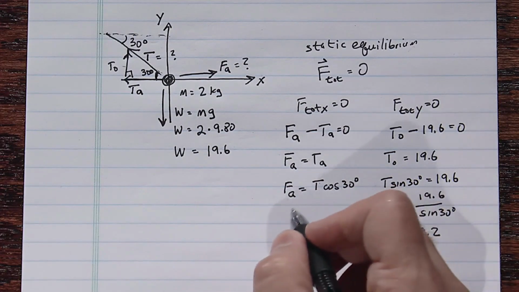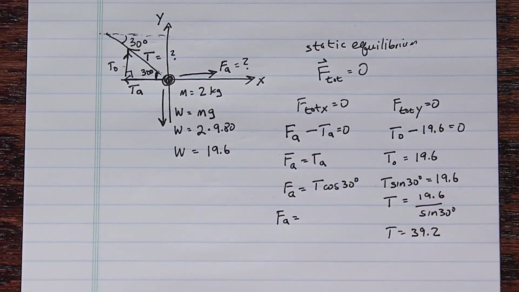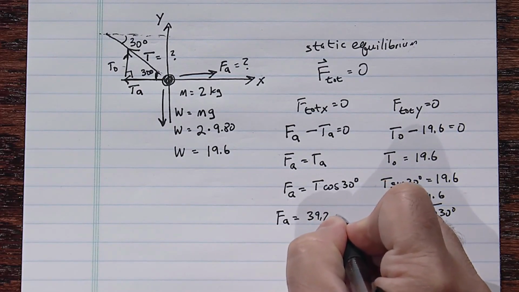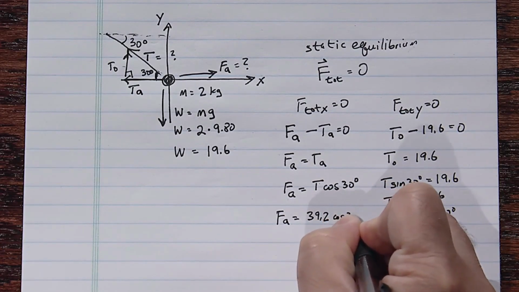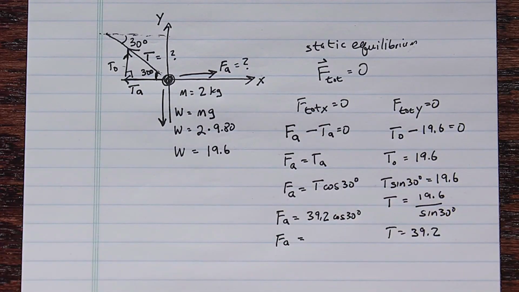Now we can calculate the applied force. The applied force is tension, which is 39.2, times the cosine of 30 degrees, or the applied force is equal to 39.2 times cosine of 30 degrees.